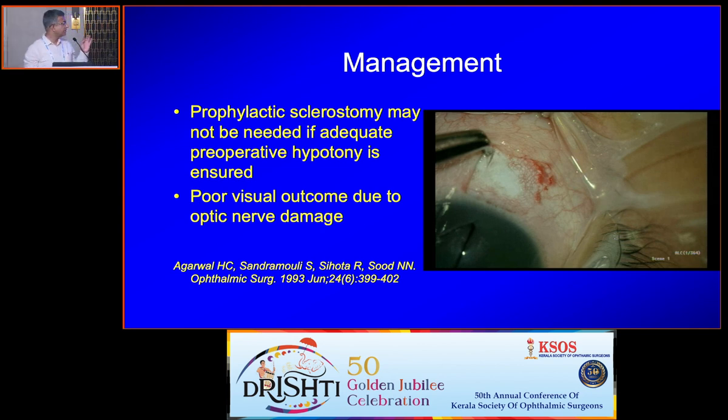So it's very, very typical of Sturge-Weber. If you are doing surgery on any eye and you see this picture when you're doing your cautery, then ask yourself whether you have missed a raised episcleral venous pressure, because that's very, very typical.